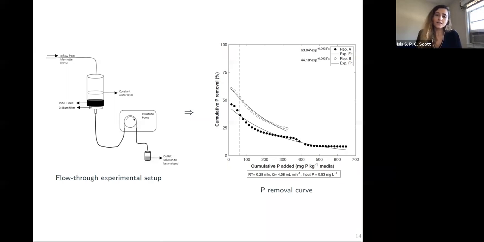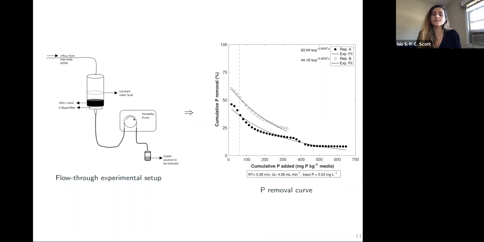In the graph here, I'm showing you the cumulative phosphorus removal in percentage on the y-axis, and the cumulative phosphorus added on the x-axis. And what is important here in this graph that I would like you to notice is this vertical line in here. The intersection between this vertical line and each of the curves is the measurement that we used to evaluate and compare the different ability of steel slags to remove phosphorus.